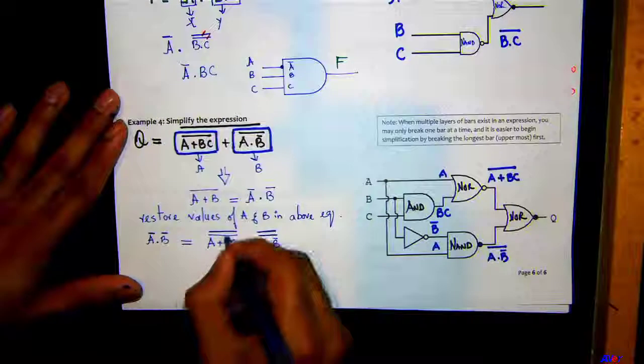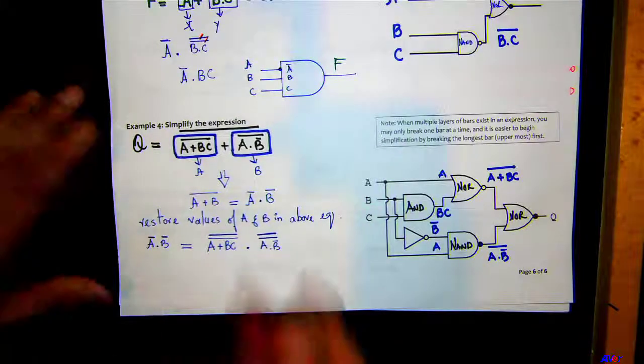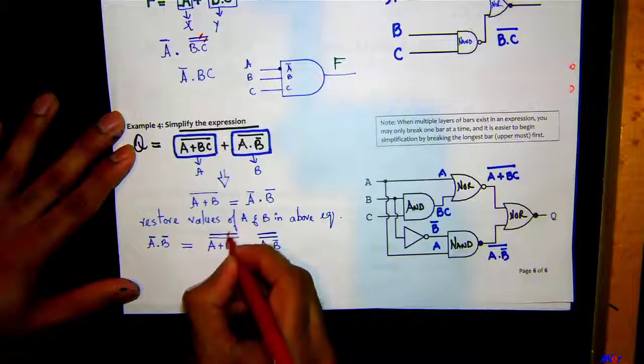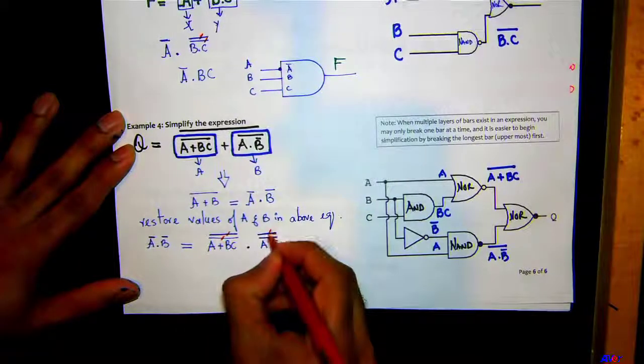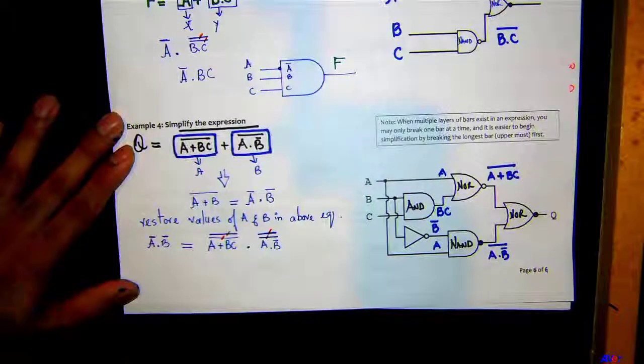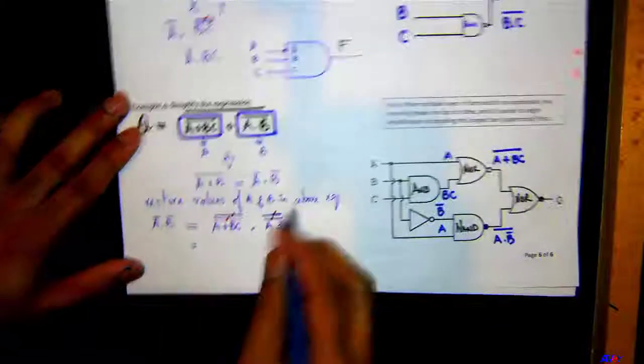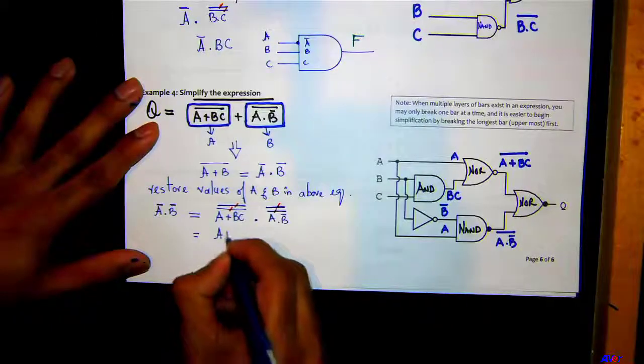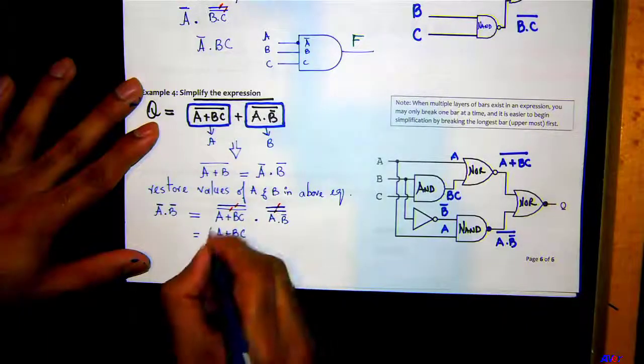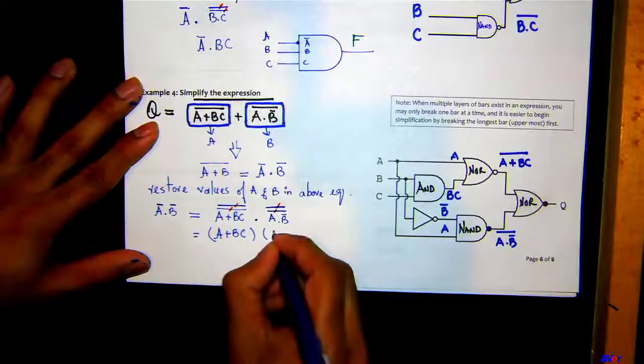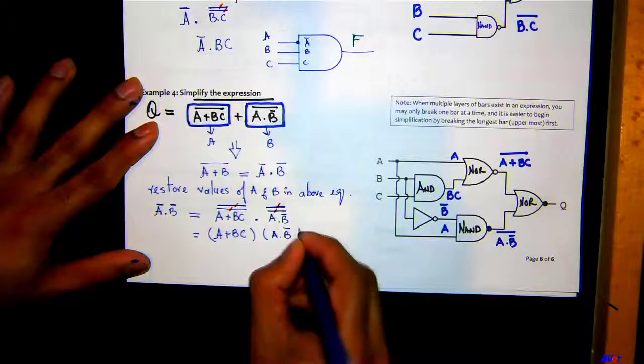What are we going to do with these two bars here? Cancel out, right? Okay, so these could be written as A plus BC dot A dot B bar, right?